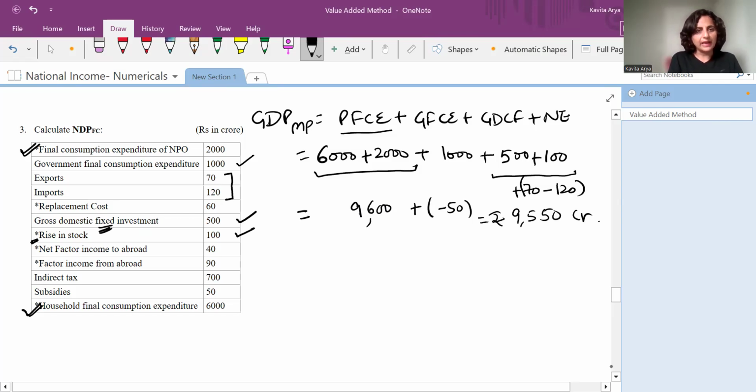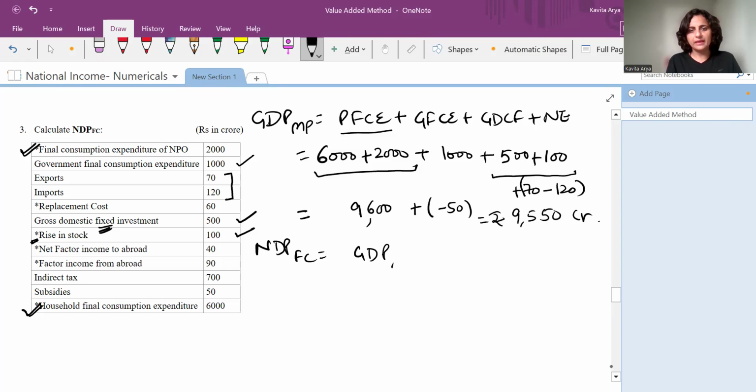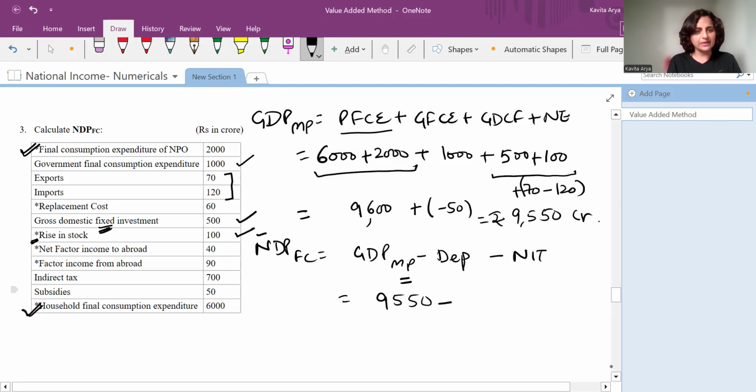Now I am to go for NDPFC. So NDPFC requires again the changes to be made. So GDP MP minus depreciation gives you NDP MP, which remains the same, so MP needs to be converted into FC by subtracting NIT. So it is 9550 minus depreciation.